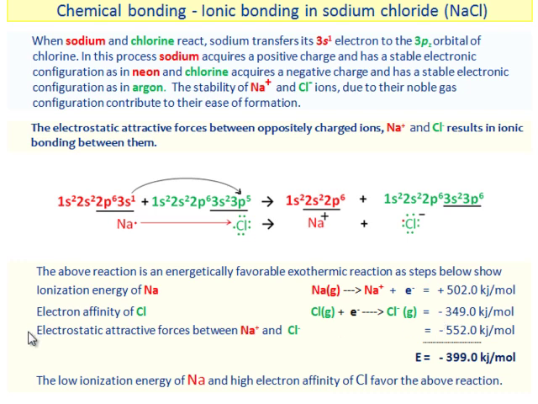Electrostatic attractive forces between sodium and chlorine ions is equal to negative 552.0 kilojoules per mole. The net energy is a negative 399.0 kilojoules per mole. The low ionization energy of sodium and high electron affinity of chlorine favor the above reaction.